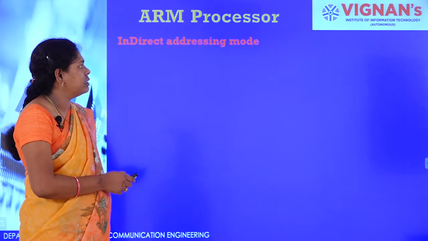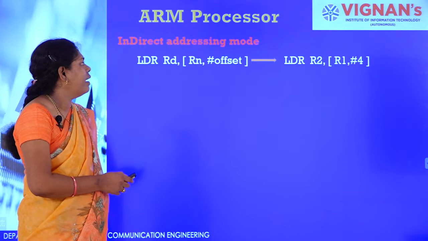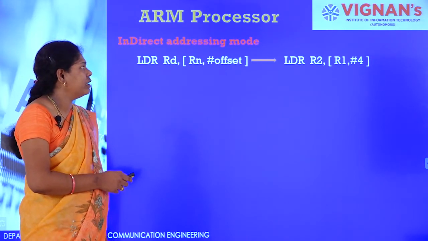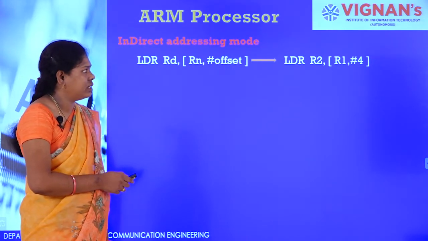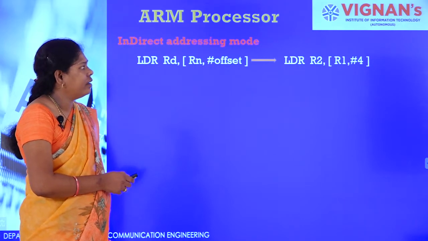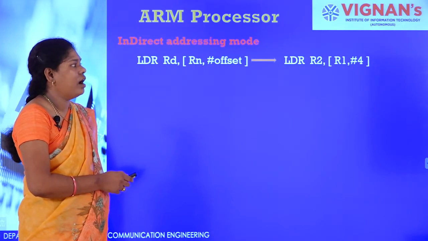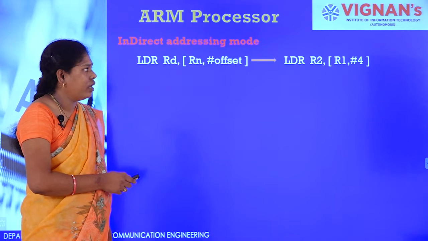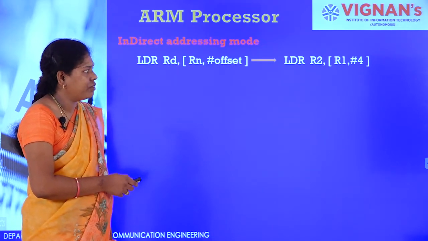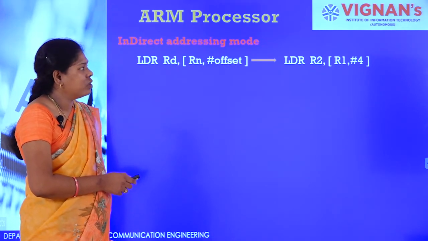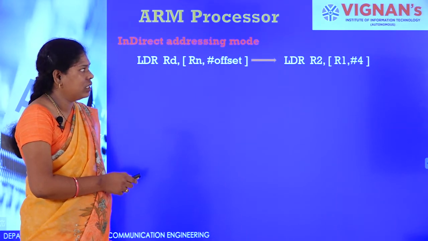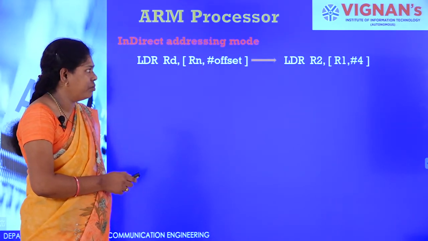Next, the third example, LDR Rd, [Rn, #offset]. Here LDR R2, [R1, #4]. Here the offset is directly specified in the instruction, so we are using the hash symbol.